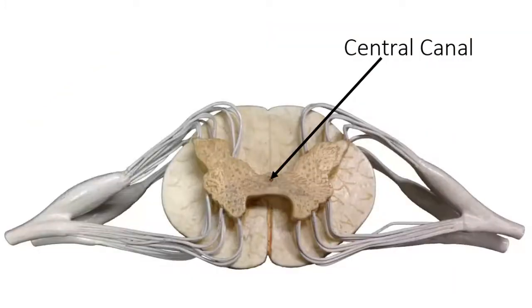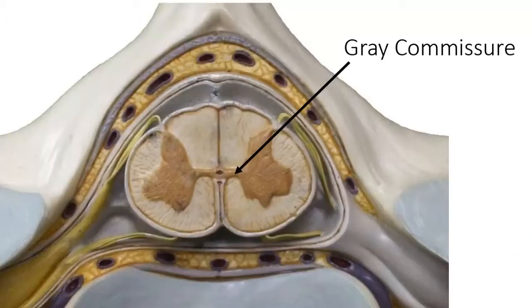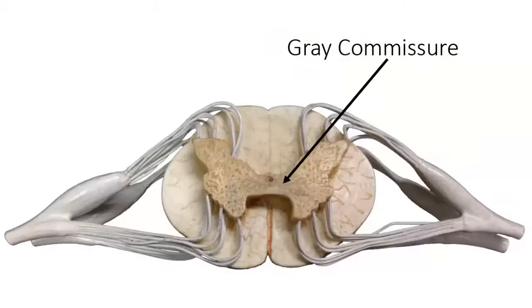Where we see that crossing over of gray matter from one side to the other, that's called the gray commissure. That'll be unmyelinated axons that travel over there. Gray commissure on this model, gray commissure on that model.